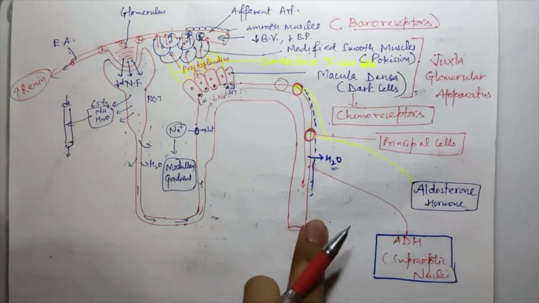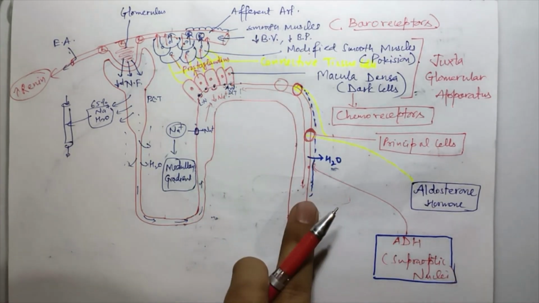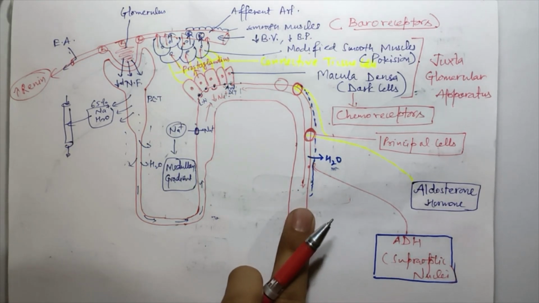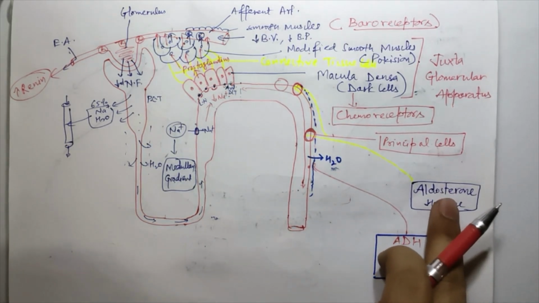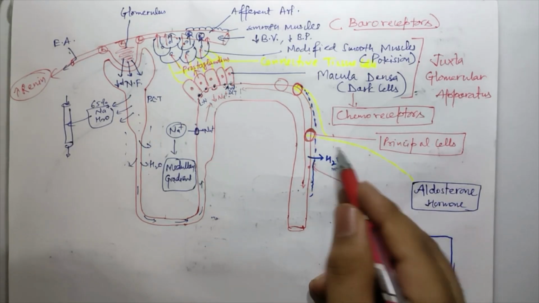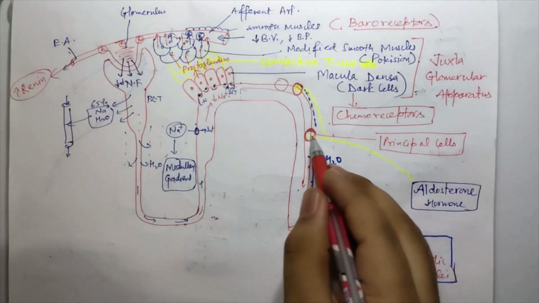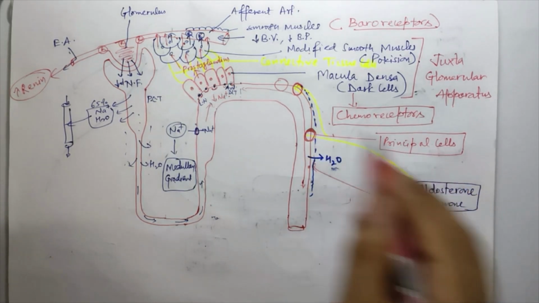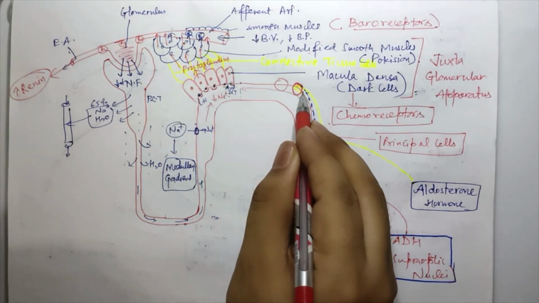And you can see from the diagram here, the antidiuretic hormone receptors are expressed in conditional or specific cases, and it is released from the supraoptic nuclei under the influence of aldosterone hormone, and they cause more and more absorption of water into the interstitium. But aldosterone has receptor types on principal cells, which are basically located on the distal convoluted tubule.